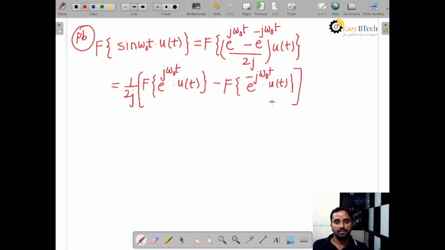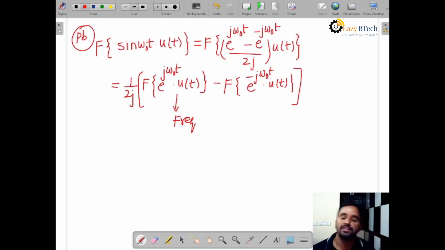Right? So how to do the Fourier transform of e power j omega naught t times u of t? Same frequency shifting property. Using that we can do it. First I write the definition here, then we follow that property.